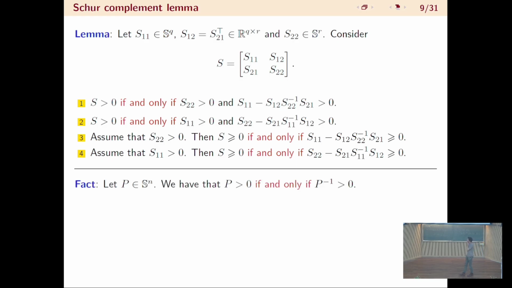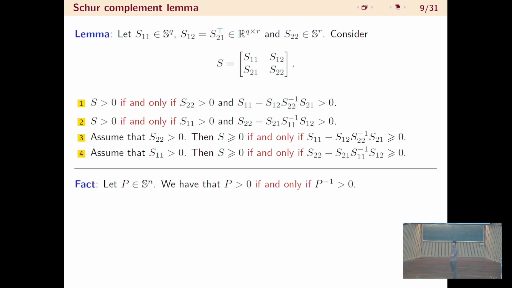Well, an additional result that I will use is the fact that if you have a matrix P, which is symmetric, then it's positive definite if and only if the inverse is positive definite. That follows from the fact that the matrix is positive definite if and only if all the eigenvalues of the matrix are positive.